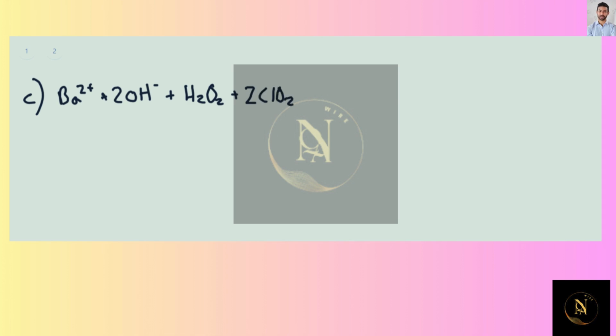And then that produces a salt of barium, Ba(ClO2)2, with 2 ClO2⁻, then we have 2 waters and an oxygen molecule.